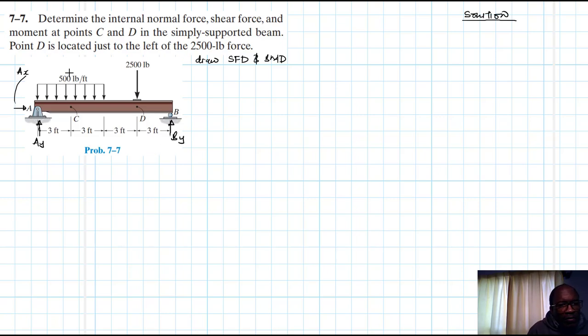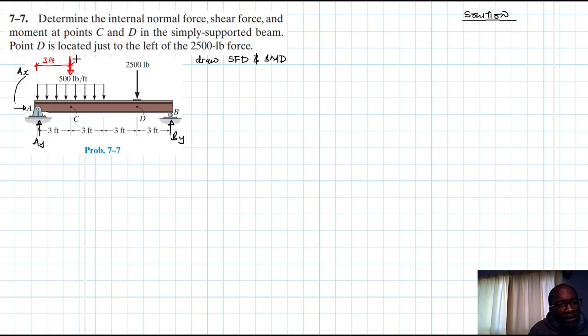Then we are going to have an equivalent force from this rectangular distributed force, and it will be acting mid-span from A, which will be 3 feet. So mid-span of this distributed force.